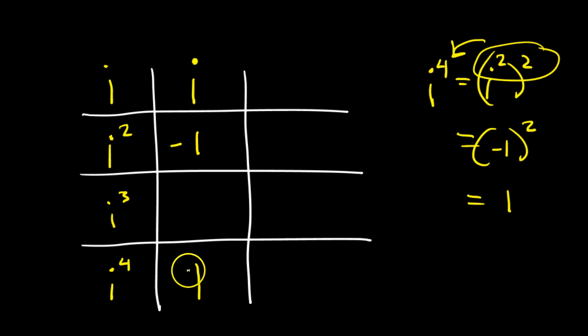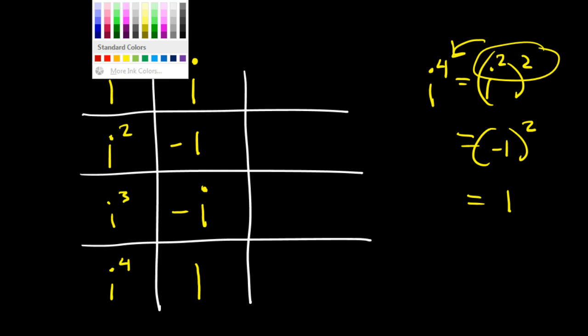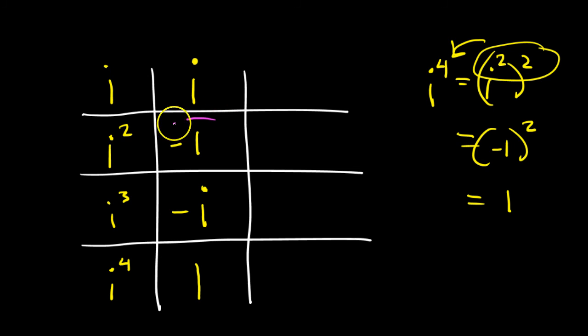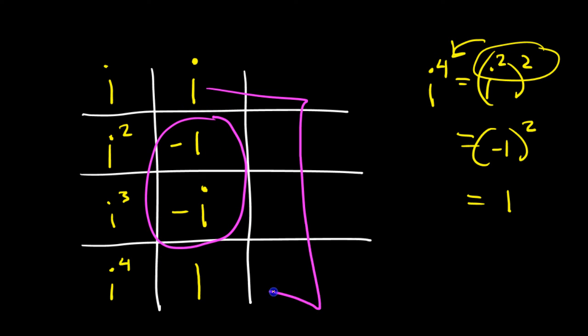Anyway, so look, I have 1, negative 1, i, and guess what? Negative i. It's the only thing that's left, because there's one of each. There's a positive i and a negative i, a positive 1 and a negative 1. Some students like to think to themselves, hey look, the middle two are negative and the outer two are positive.